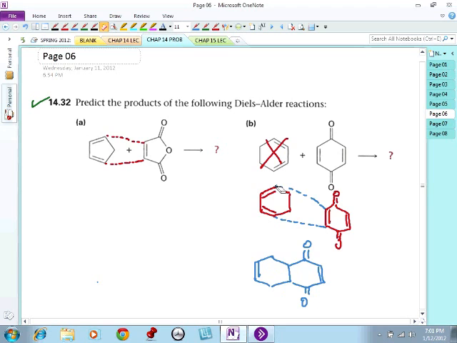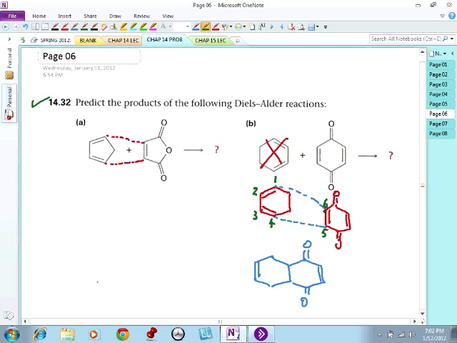Okay, let me take this bridge out. Do you follow this 6-member ring? Because we're joining this carbon to this carbon. Okay, let's number it because Sinead wants us to number it. Let's say this is carbon number 1, carbon number 2, 3, 4. Let's call this 5.